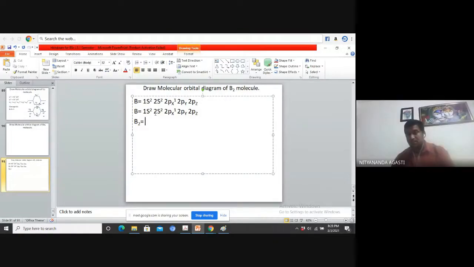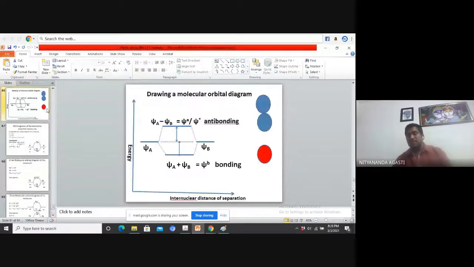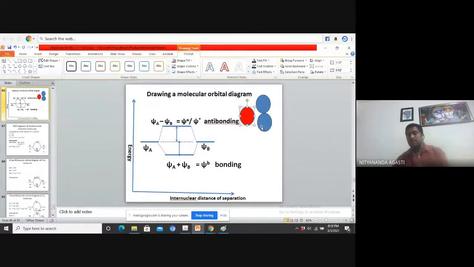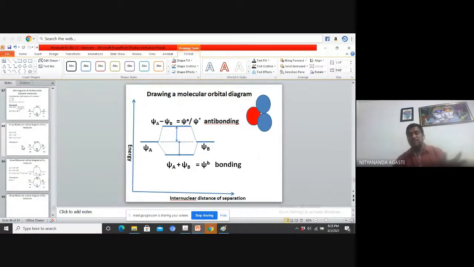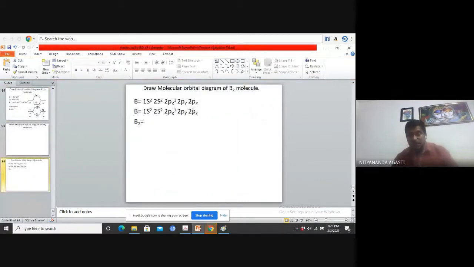It cannot combine. 2px has neither similar symmetry nor similar energy. Px and py orientation is like this. It cannot combine. But pz has similar symmetry but not similar energy, so it cannot combine. So the only option left is 1s.